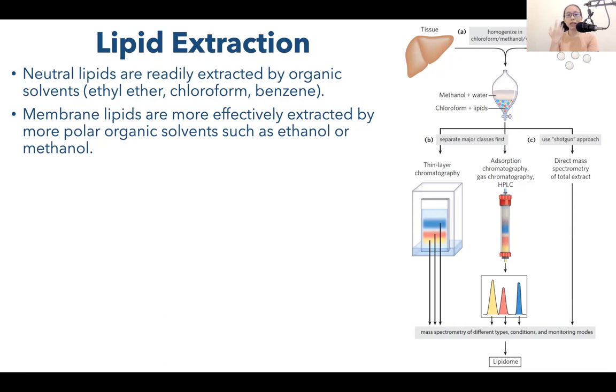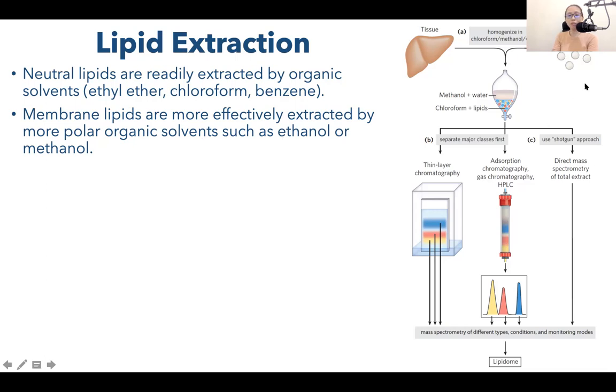Now, what is unique in lipid extraction is that you use organic solvents, because our lipids are soluble there. Your neutral lipids like triacylglycerols are readily extracted by organic solvents such as these. But your membrane lipids, since they have a polar head, are more effectively extracted by polar organic solvents such as ethanol or methanol.